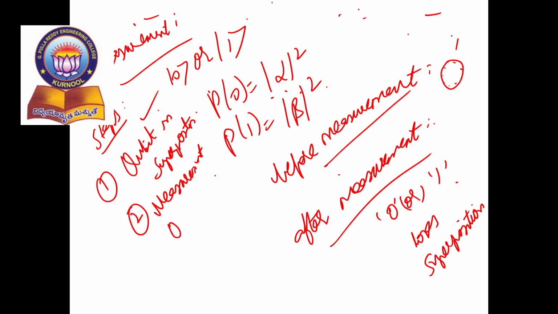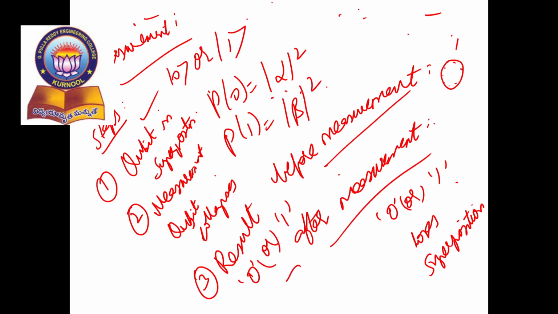After measurement, the qubit collapses. And the last one is the result. The result is that you get either 0 or 1. So this is what we call the measurement topic.